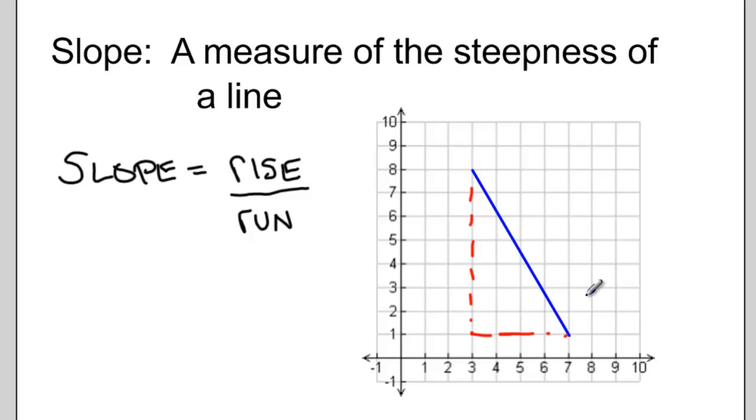So here I see that the run is equal to 4, and my rise is equal to 7, but we need to remember that since this line is decreasing from left to right, since it's going down, our rise is actually -7. We use the negative to show that the line is going down. So my slope would be -7 over 4, rise over run.